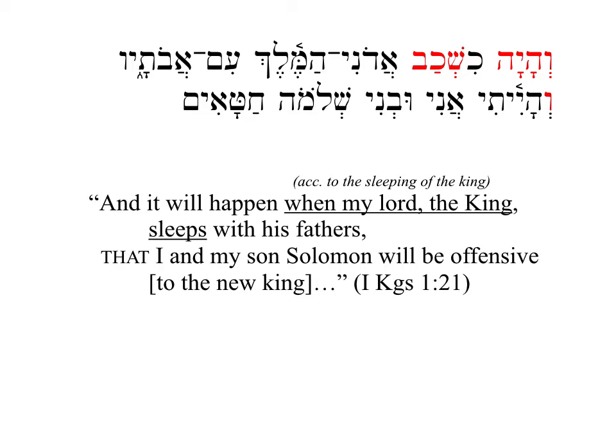Vehayiti ani uvani Shlomo chataim, that I, namely I and my son Solomon, will be sinners. We will be offensive to the new king. And notice again that the second vav needs to be translated as that, as the transition into the new clause.